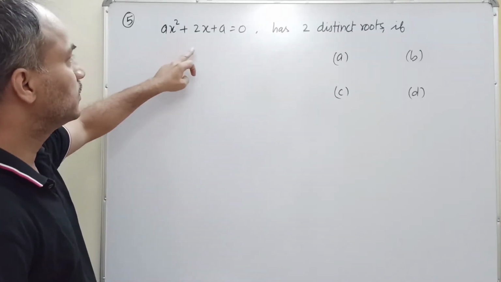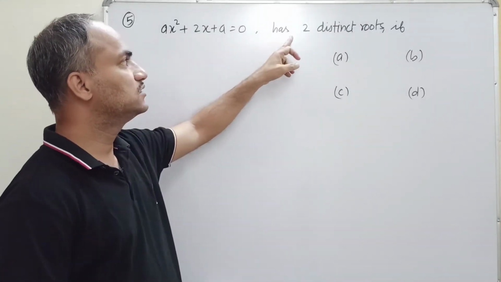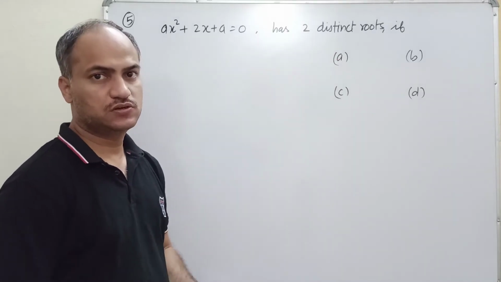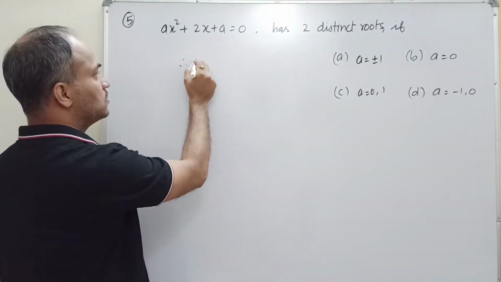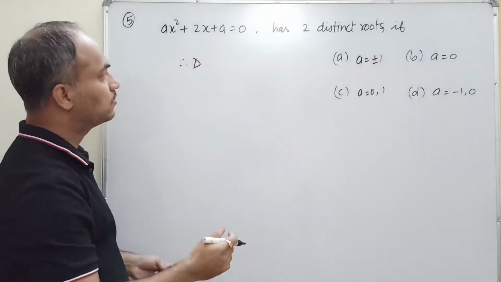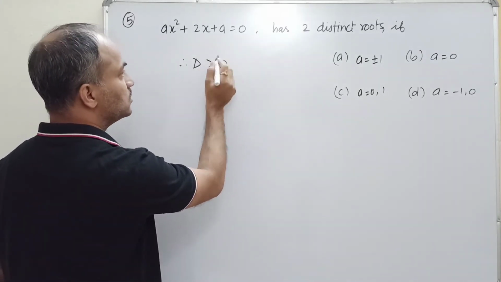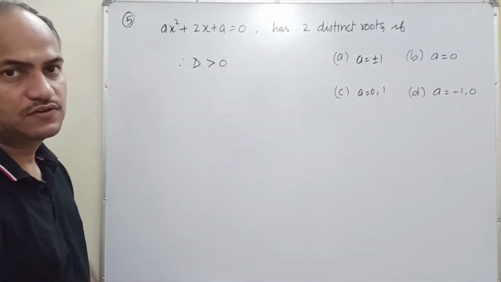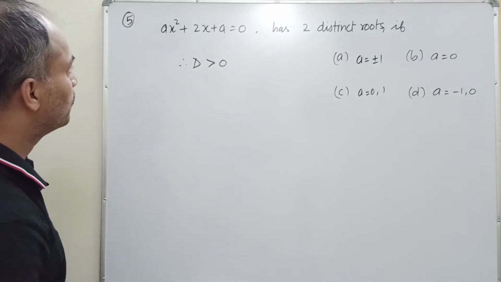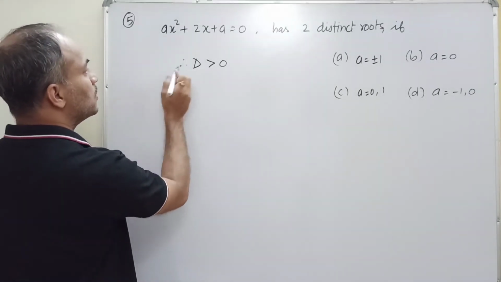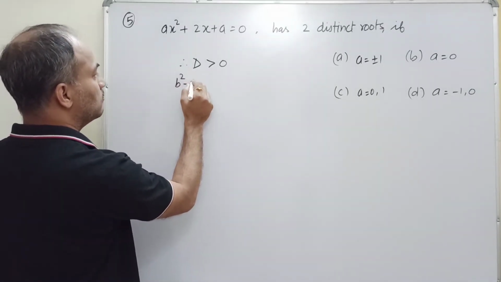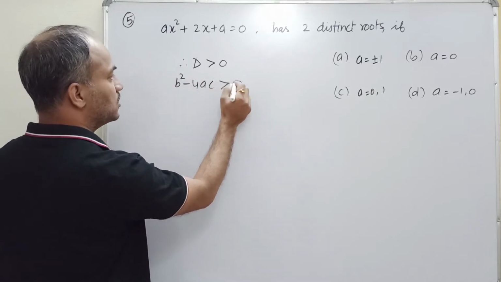In this equation, it is given that it has two distinct roots. Okay, different roots. It means what is the condition on D? Okay, D is greater than 0. Fine. For that we know the roots are distinct. So let us apply quickly. So b square minus 4ac is greater than 0.